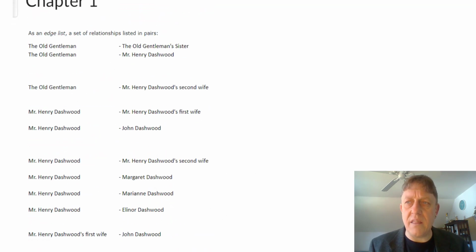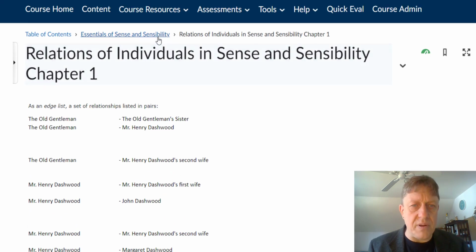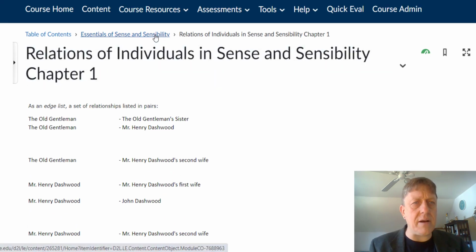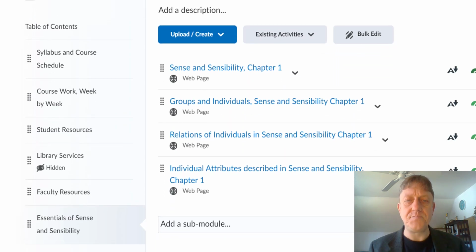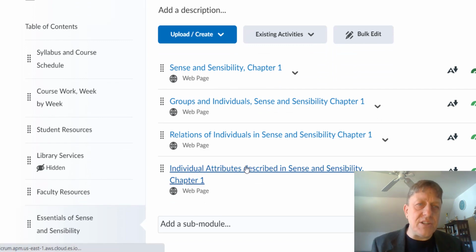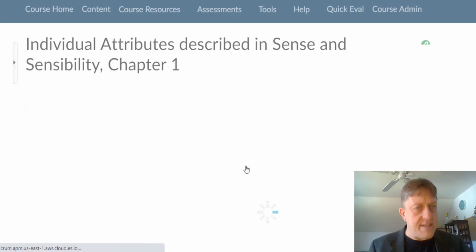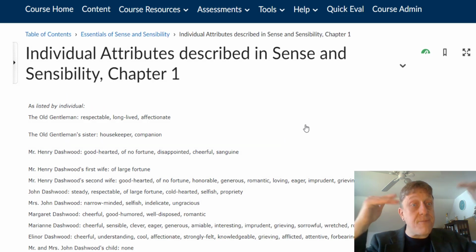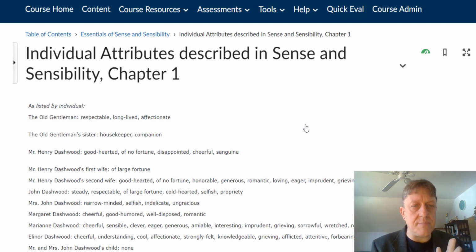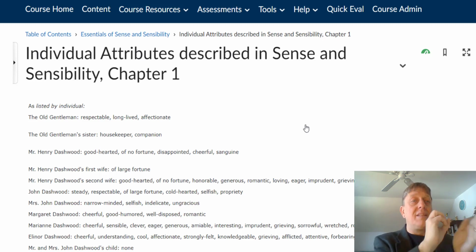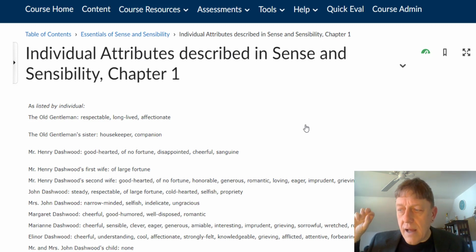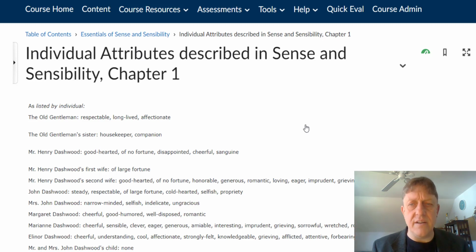So finally, we can think about individual attributes, and let's think about that in terms of listing and also in terms of structure. So here are some individual attributes described in Sense and Sensibility, Chapter 1. And just as first we listed a set of relationships between individuals as just a list, we could also list for each person the set of attributes, characteristics of the individuals that Jane Austen mentions in this very short first chapter.